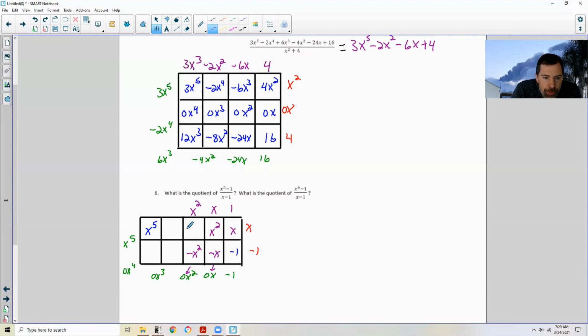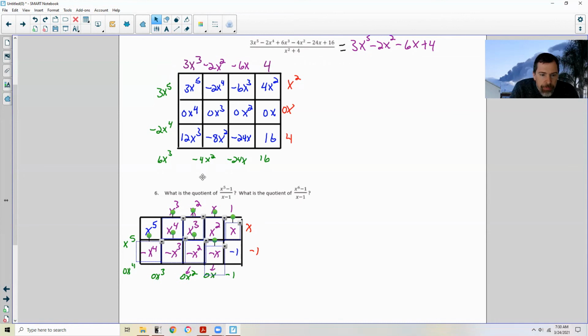X times x squared is x cubed. And I need a 0x cubed here, so this has to be a -x cubed. And it just keeps going like this. -x cubed divided by -1 is x cubed. And x times x cubed is x to the fourth. Okay. And x to the fourth minus x to the fourth will give me 0. All right. So these should all be blue, by the way.